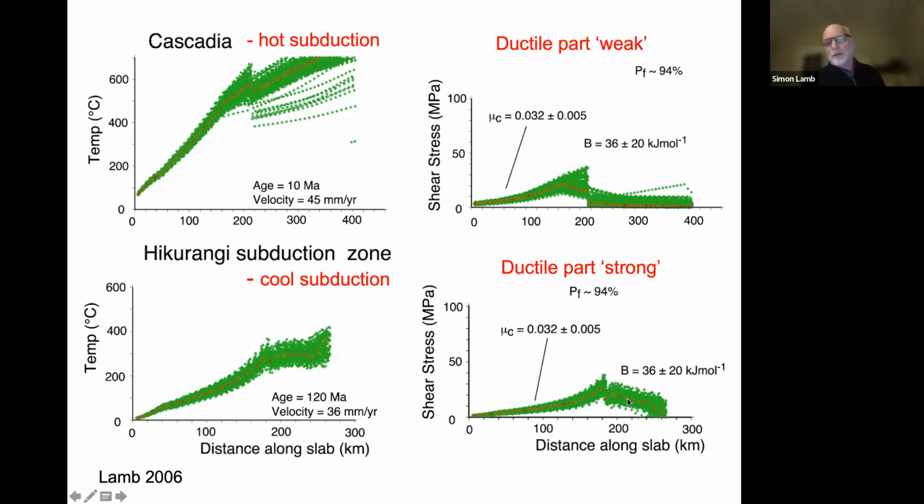But in cool subduction zones, more of the strength is in the mantle, whereas in a hot subduction zone, there's virtually no strength there at all, and it's all in the brittle part. But overall, they're still very weak, and they still require these very high pore fluid pressures, about 94%, with these effective coefficients of friction that are incredibly low.